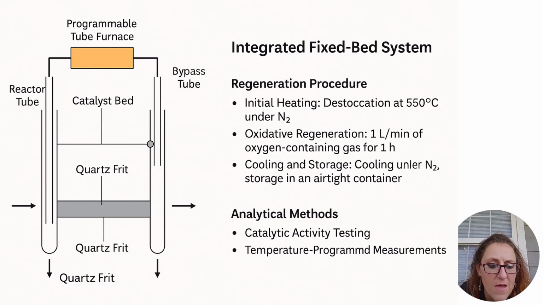Results demonstrated that mild oxidation, 5% oxygen and 95% nitrogen, effectively restored catalytic activity while avoiding sintering and crystallization, in contrast to aggressive oxidation in air, which led to structural degradation and reduced surface area.